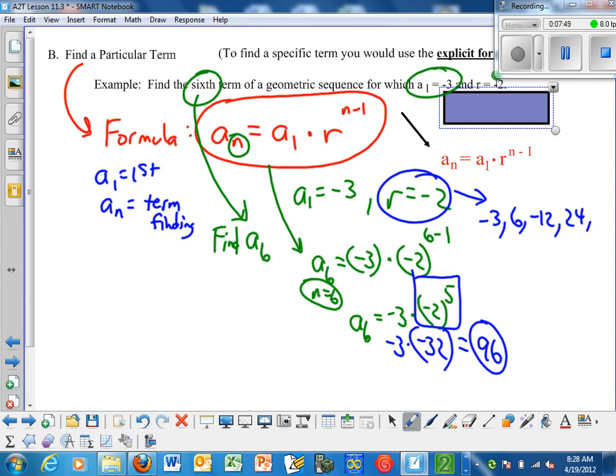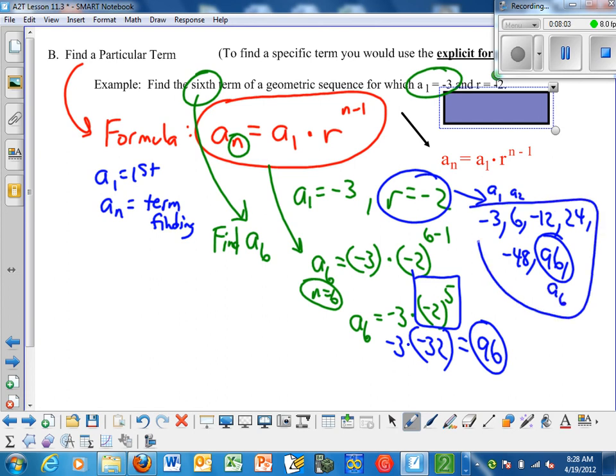Times negative 2, I'd get negative 48. Times negative 2, I'd get 96. Notice this is A1, A2, A3, and so on, and this would be A6. You can find it by listing out the terms. But if I said find the 100th term, I don't think you'd want to list out 100 terms. So you have to know how to use the formulas and understand the notation.